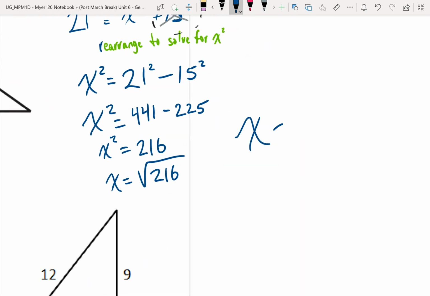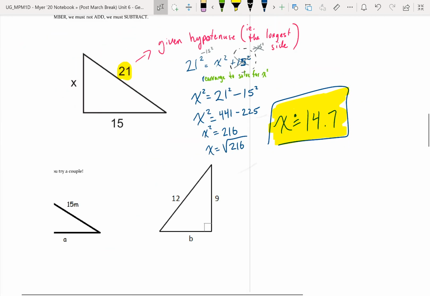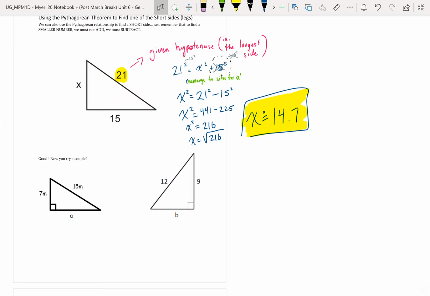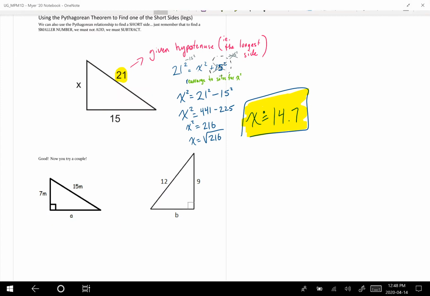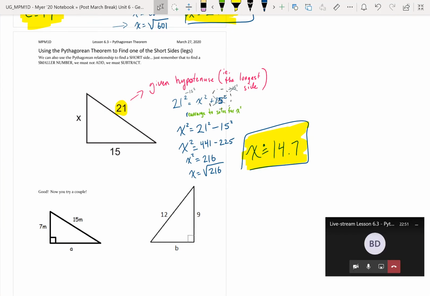And we're left with x equals 14.7. And there's our answer. So all we're doing differently is subtracting. If you're looking to solve for one of the shorter sides, just take the longest side and subtract the other side you know.